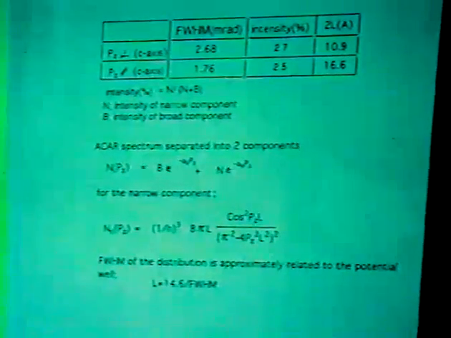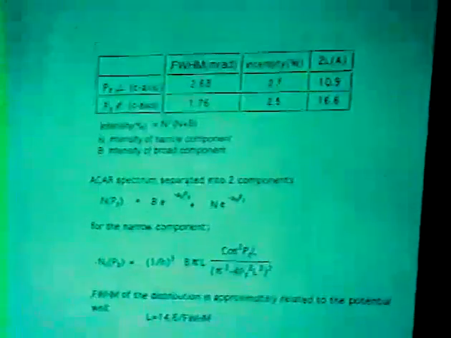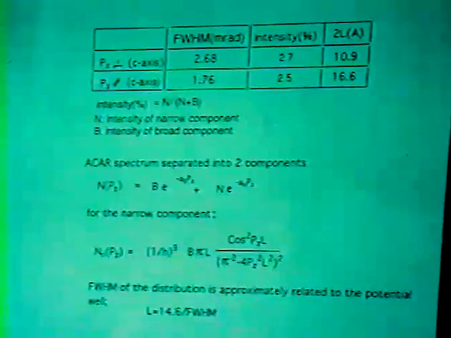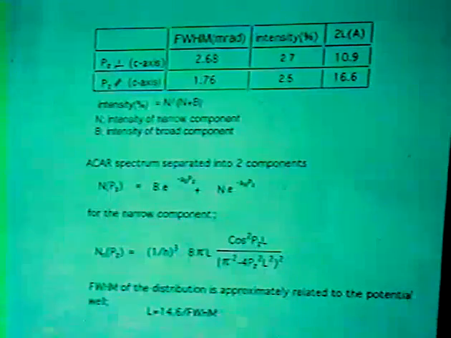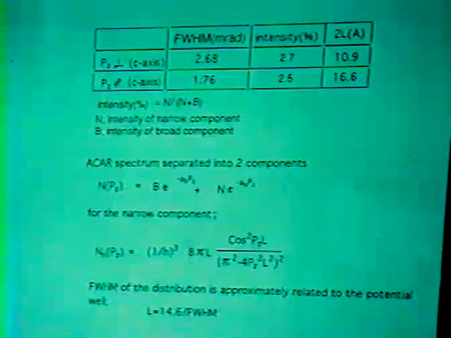And the 2L value calculated from the parallel to the fiber axis is smaller than the expected value.